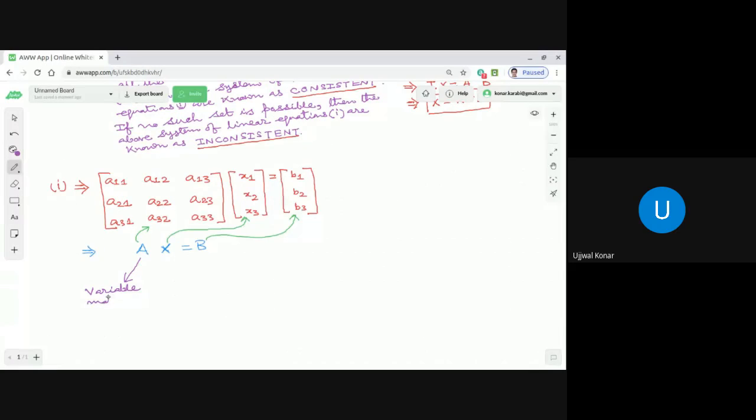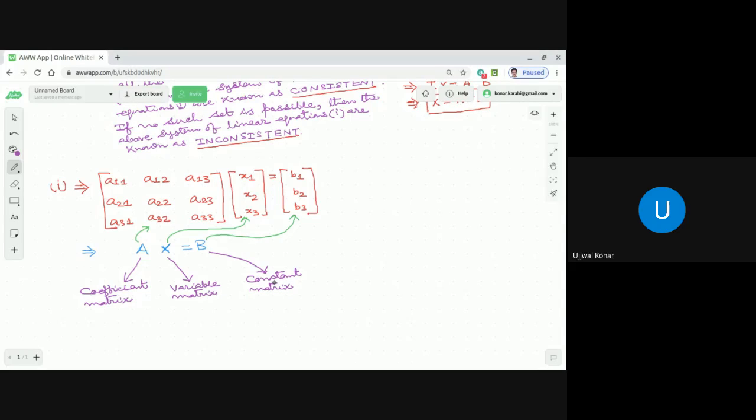I'm so sorry, I made a mistake. A is known as the coefficient matrix. The matrix X is known as the variable matrix, and the matrix B is known as the constant matrix.